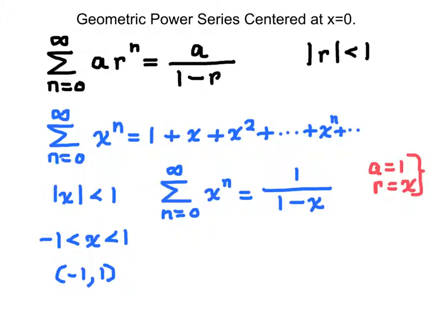So in this case, we were able to determine for what values of x this series converges, and what function this series converges to. The values of x for which this series converges are from -1 to 1, and the function that this series converges to is 1 over 1 minus x.